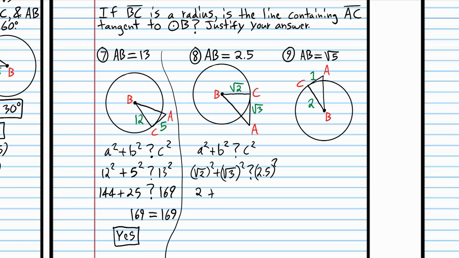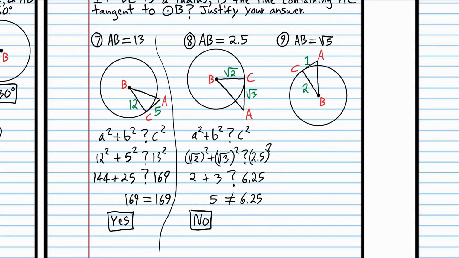So you have 2 plus 3 is possibly equal to whatever 2.5 squared is, and that just happens to be 6.25. Again, you can use your calculator for that if you need to. So we have 5 is not equal to 6.25. So the answer is no. The line containing AC is not tangent to circle B at C.